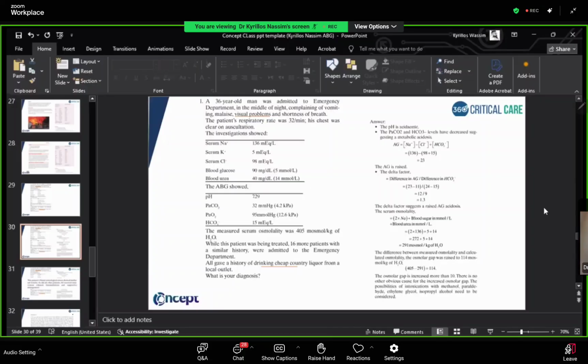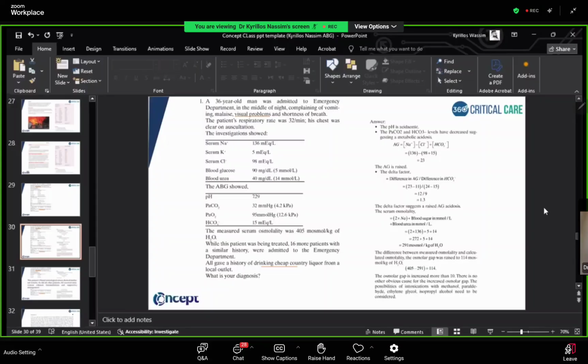The bicarb here is low, so it is a metabolic acidosis. So I can measure the anion gap. Here, the anion gap is 23, which is a high anion gap metabolic acidosis. And when I calculate the delta ratio, it gives me 1.3, which suggests an uncomplicated high anion gap metabolic acidosis.